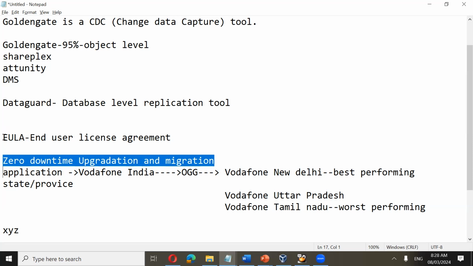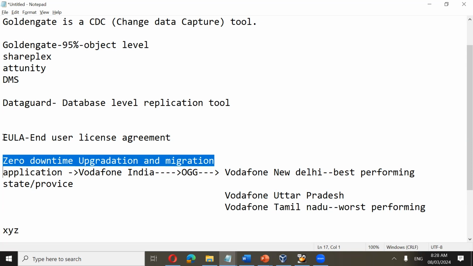It wasn't a big database, but it was serving as a source database for multiple other databases. They didn't use Oracle Goldengate, so it wasn't zero downtime. They had to request downtime, and as a consequence, the downstream databases also had to take downtime.